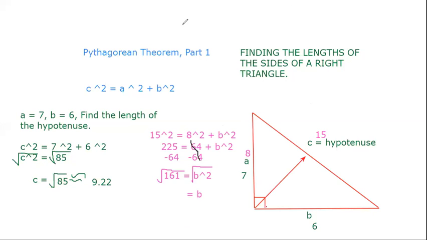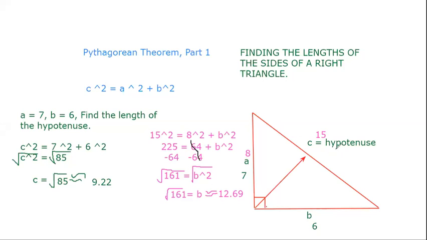So B is the square root of 161, which is approximately 12.69. That is your exact answer, and this is your approximate answer. And that one is solved.